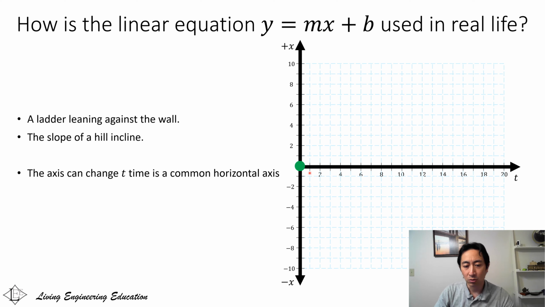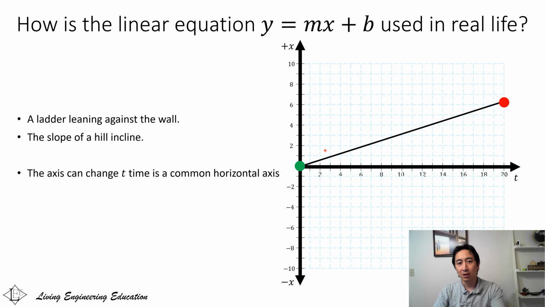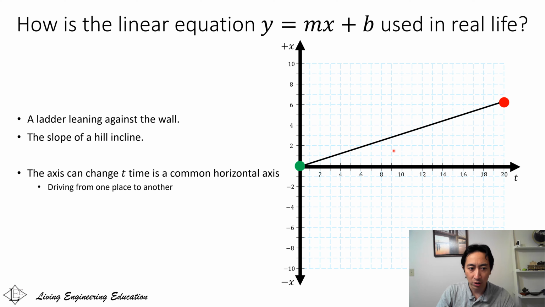So let's say you know the starting point, you start a timer and you measure 20 seconds and you measure how far it's traveled, and it traveled 6 inches or however far it might have. And then you can draw a line between these 2 points. And if it truly is a constant speed, then this line would represent the path of this car.